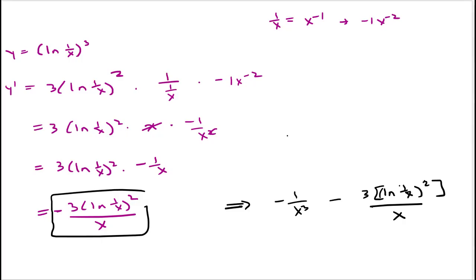Now, it might not take this answer because we have this ln of 1 over x. So if we try to type this in the lab, it might not take it.